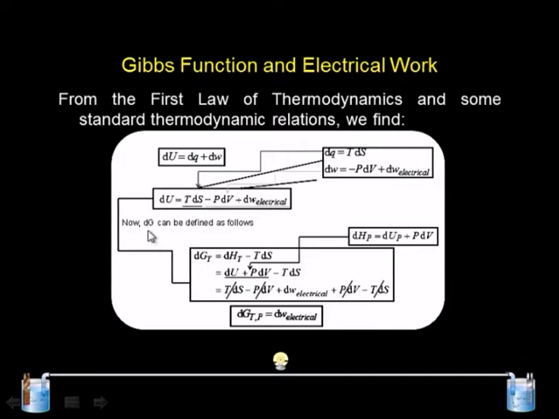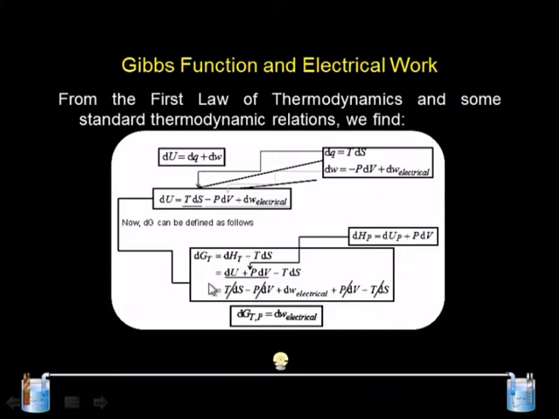Now, G can be defined as follows: dG is equal to dH minus T dS. I am not calling this dG_T because we are talking at constant temperature.